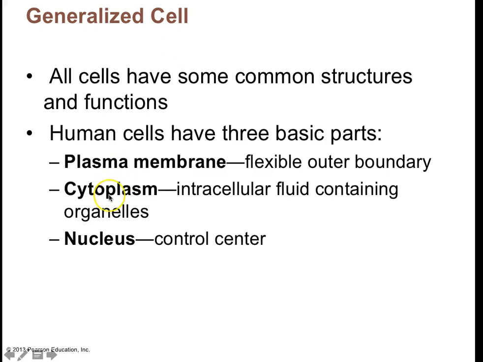Inside is composed of a cytoplasm, which is kind of like a gel material in which organelles can be suspended and certain chemicals and atoms and molecules can be dissolved. And then the control center, the nucleus, which houses the DNA, the chromosomes, the genes, which are the blueprints for being able to make everything in the cell.